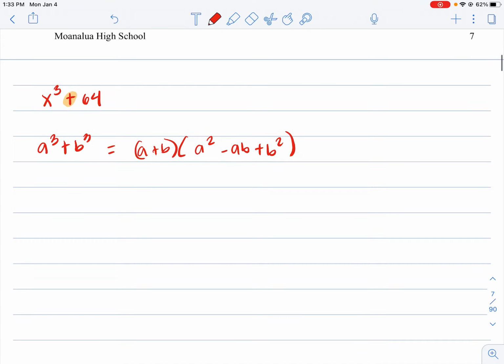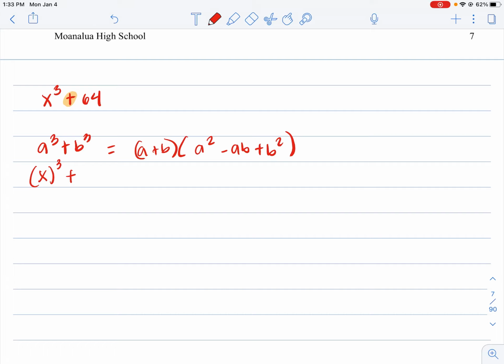Now let us determine what the a value and the b value are. Of course, for our x cubed, we can translate that as x cubed plus, what is the cube root of 64?